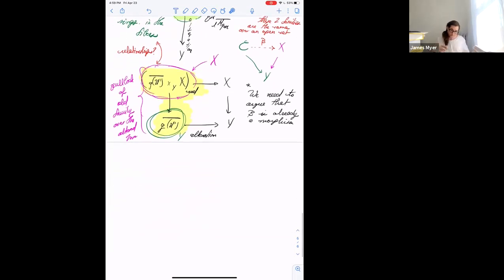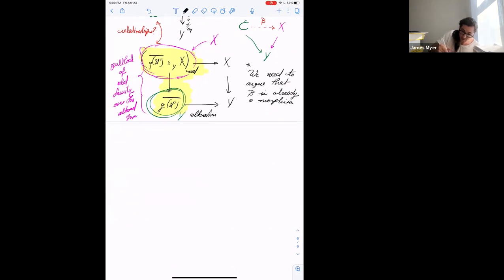is pretty cool. It uses a very classic idea. If you have a map that's not necessarily a morphism, you can study its graph.